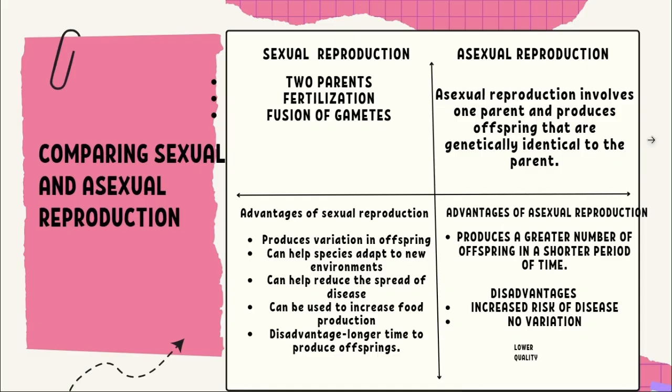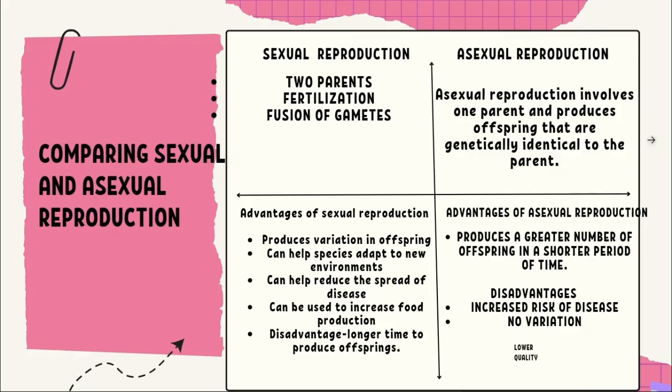In sexual reproduction, they produce offspring that have variation. And you might ask, why does it even matter if there is variation or not? But variation is very important for a species to survive, because it is basically equipping the next generation to be able to withstand different conditions.